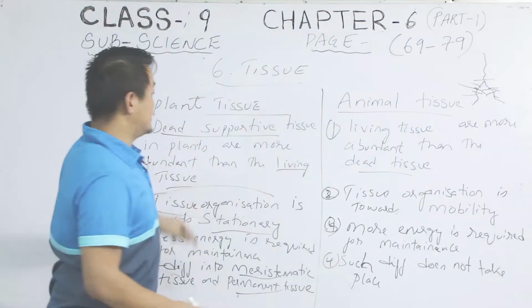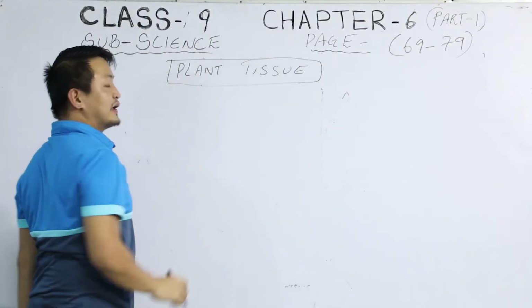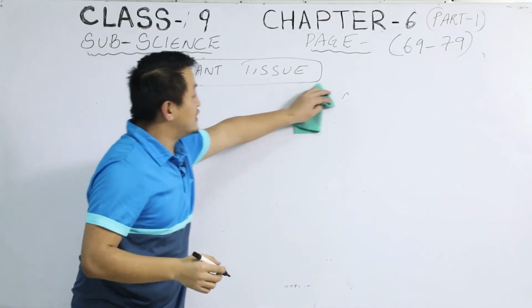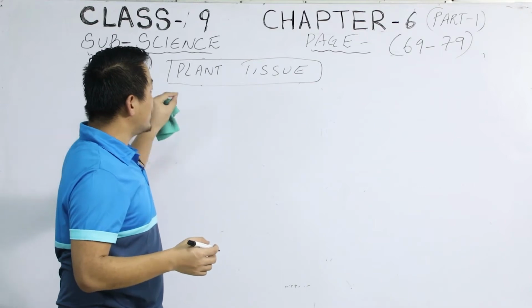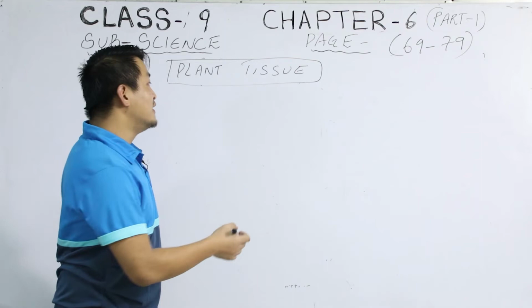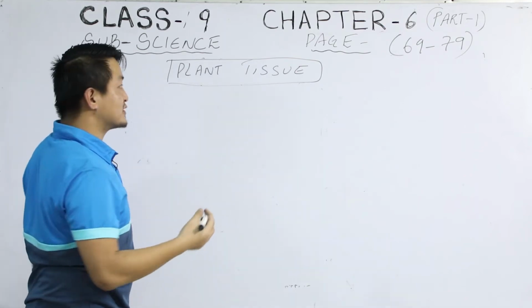Okay. So students, this is plant tissue. Now this will be the first part. Now before we start discussing one by one in detail, I want you to draw this map as well. Because if you draw this type of map, then you will understand better. Clear?